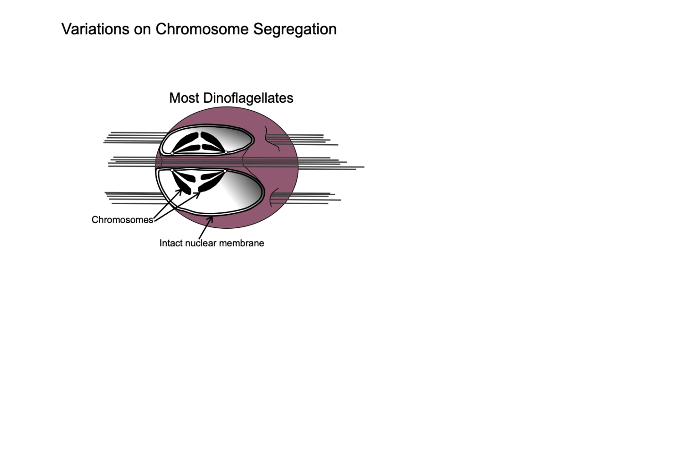So in most dinoflagellates, which are eukaryotic protists, within the nucleus, and I'm only showing the nucleus here, the chromosomes are attached to the nuclear membrane by certain proteins, which are probably sort of like kinetochore proteins, but not exactly.